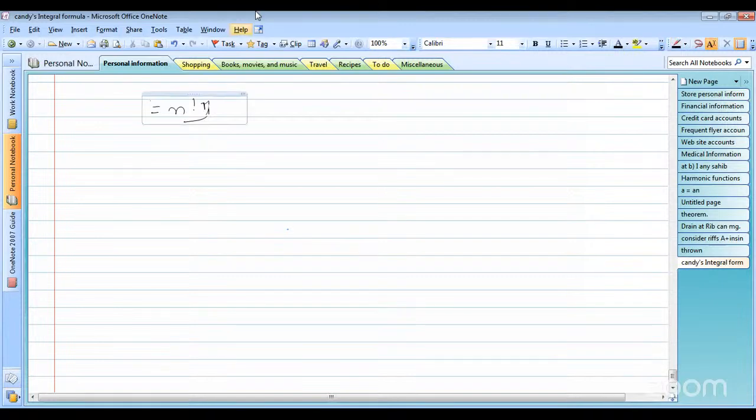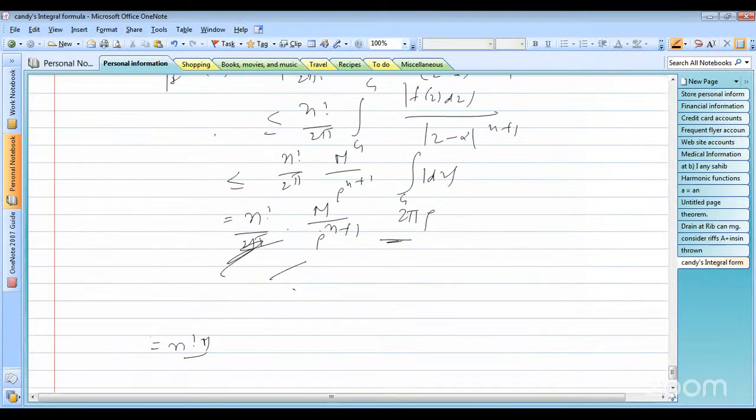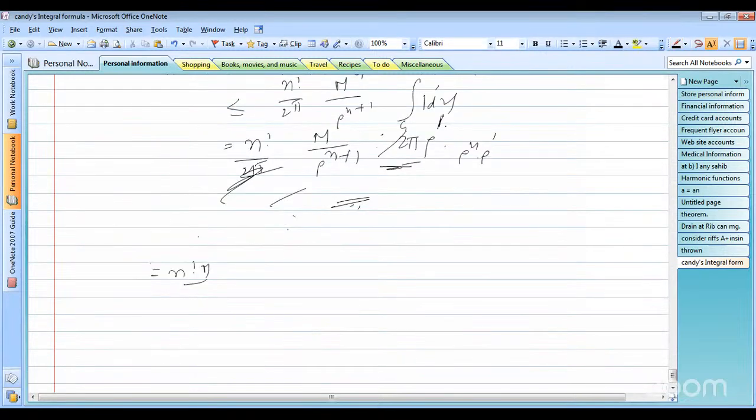In the denominator we have rho^(n+1), and one rho cancels with the rho in the numerator. So therefore we are writing in the denominator part, n! M by rho^n.